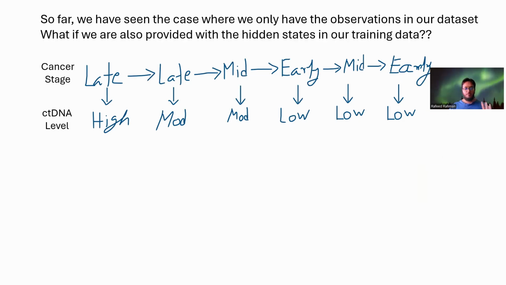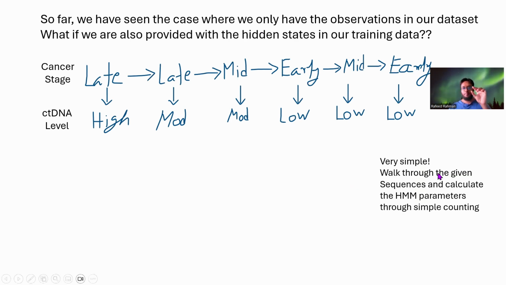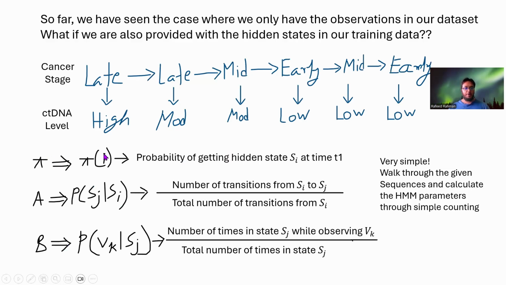So now what are you going to do? First of all, in such cases, don't use the Baum-Welch algorithm. You can get your pi, A, and B through simple counting. What do I mean by this? Let me clarify. For example, to get pi_i, the initial probability of state Si, you simply count the number of times state Si appears at time step T1 in your data set, obviously because it's the initial probability.